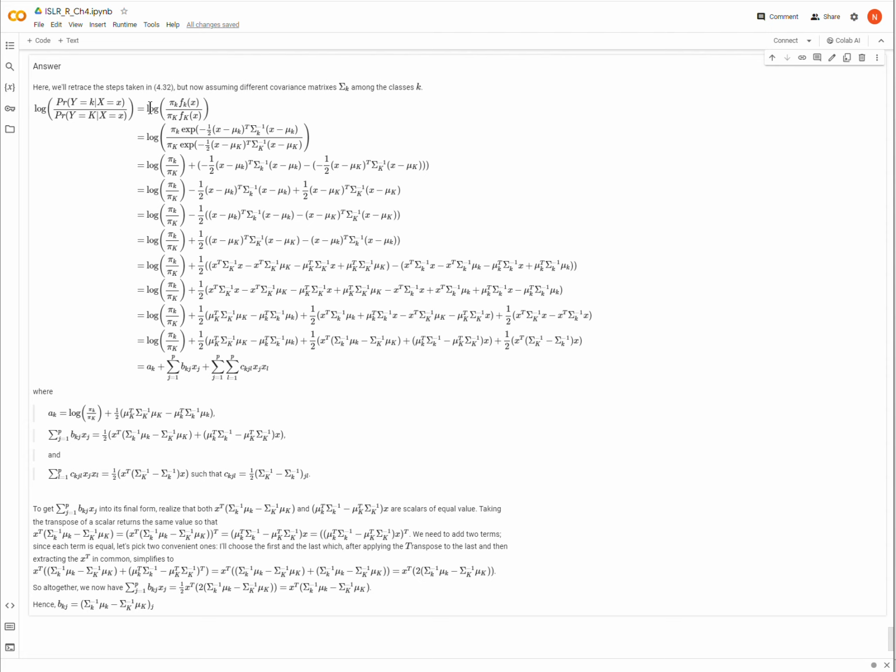We take our expression, which is just this. It's the prior probability of category K times its probability density function, and then the same for the reference class capital K. The pi k's are the prior probabilities, so those are just going to be set off to the side.